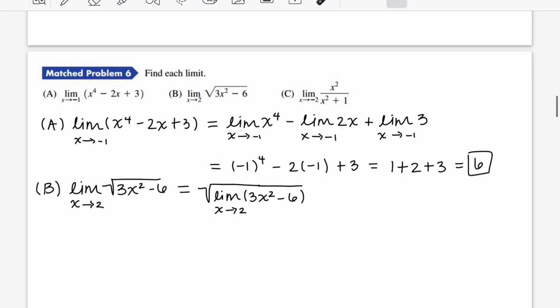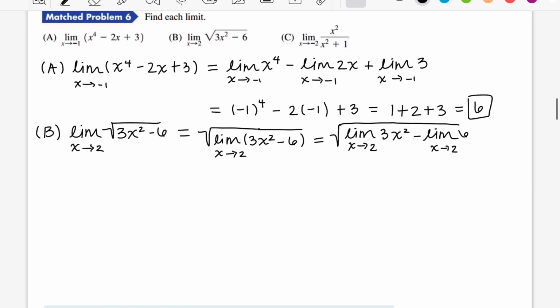And then again, we can distribute this limit. So this becomes the square root of this guy here. And then just plugging this in, we get the square root of 3 times 2 squared minus 6. And this ends up being the square root of 6.